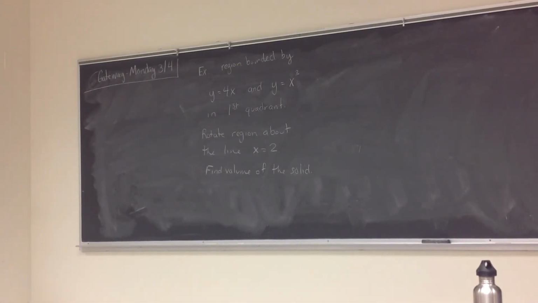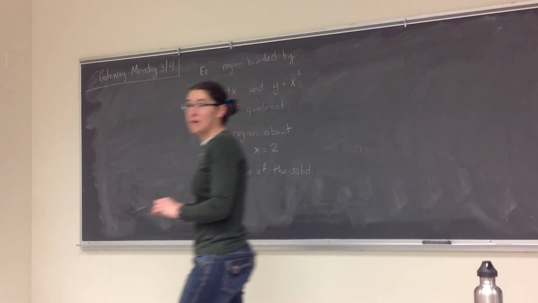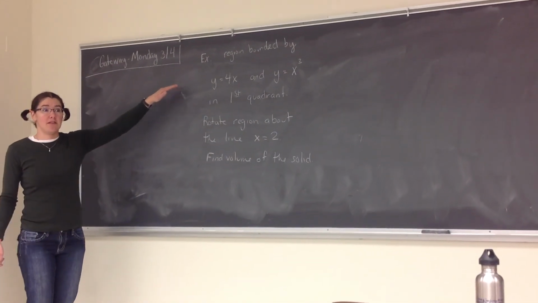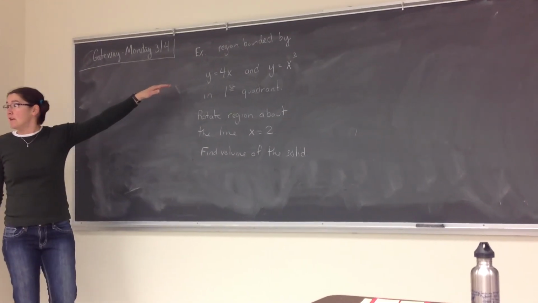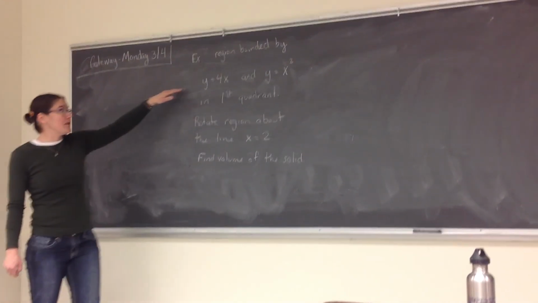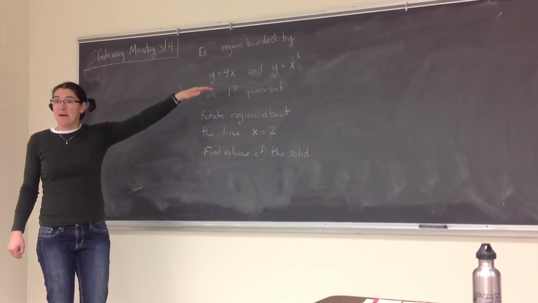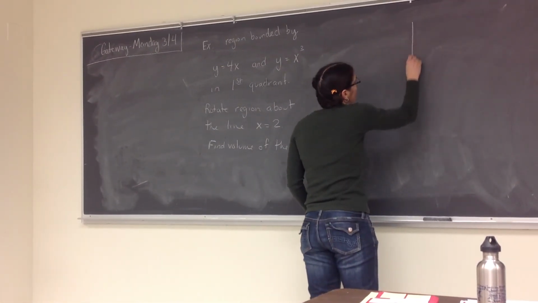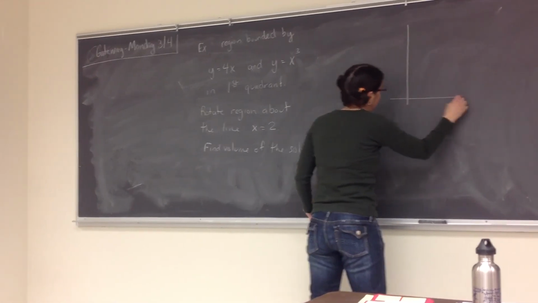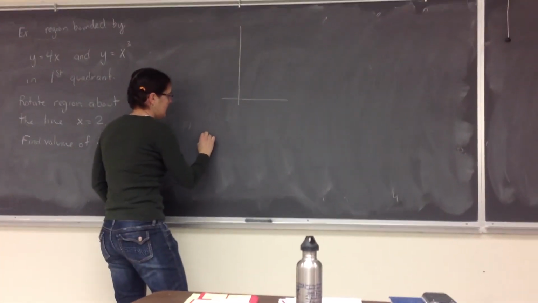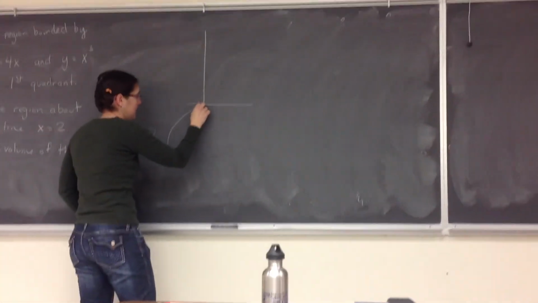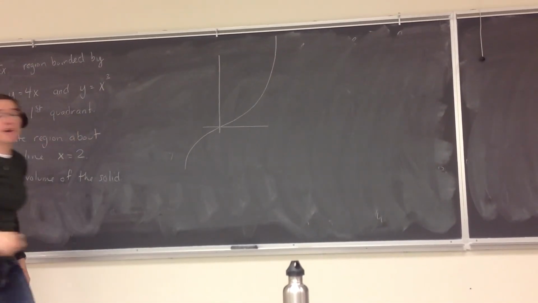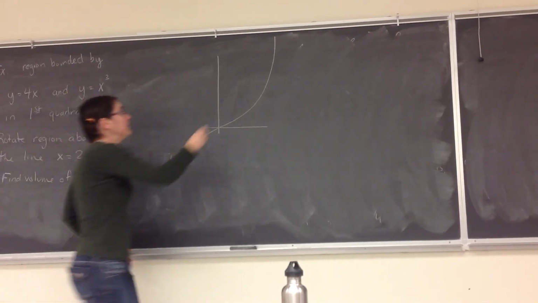All right, so there's a ton of stuff going on up here in what I've written down here. So the very first thing I'm going to do is understand what the region looks like. If I am not sure what these curves look like, I might graph them on my calculator, but y equals x cubed is not so bad. Y equals x cubed starts down here in quadrant 3, pops up into quadrant 1, and then zips right upwards.